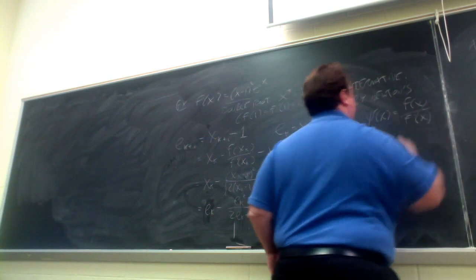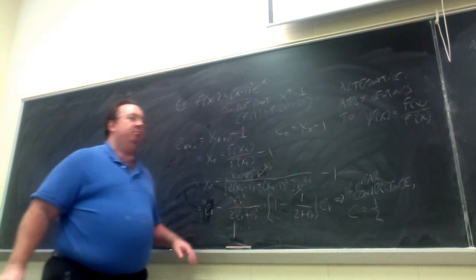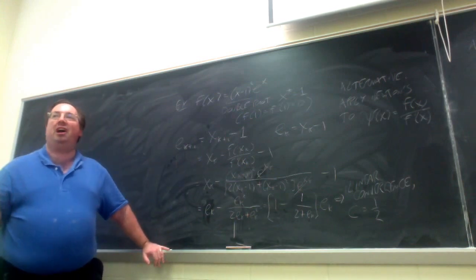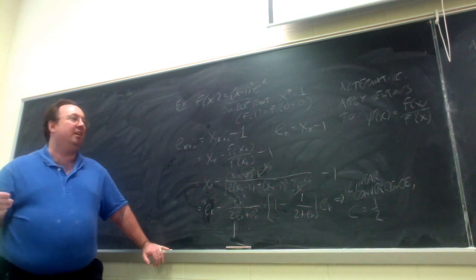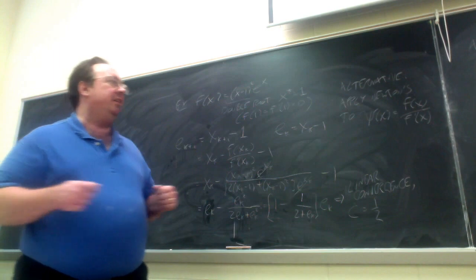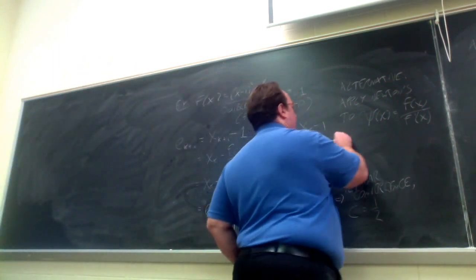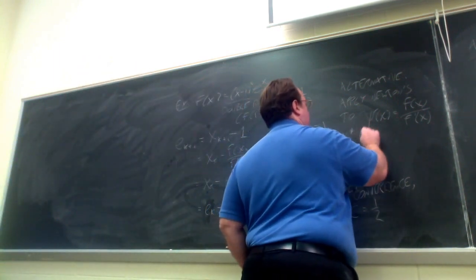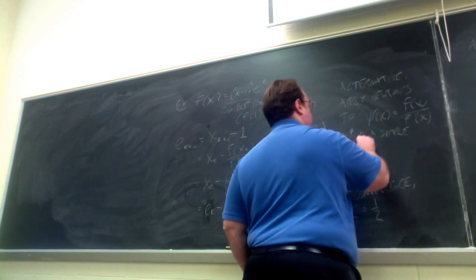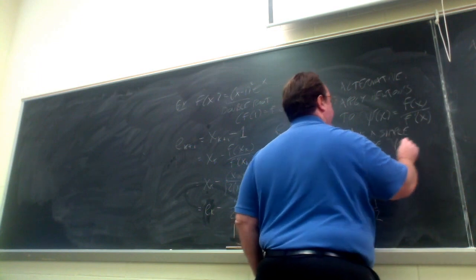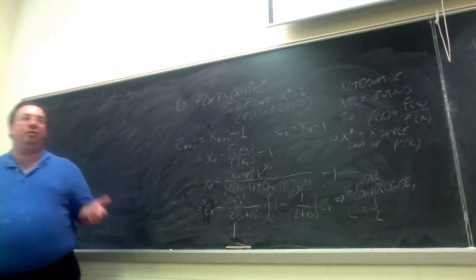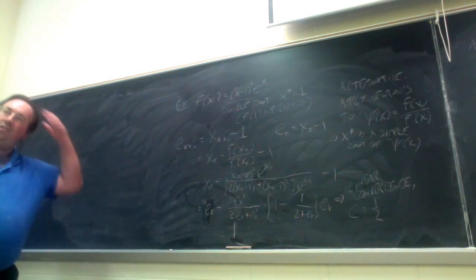Because what happens is if x star is a multiple root of f, it's also a root of f prime with multiplicity 1 less. So if you cause those factors to cancel out, then x star is a simple root of psi. So it's not a multiple root. Therefore, you can restore quadratic convergence.